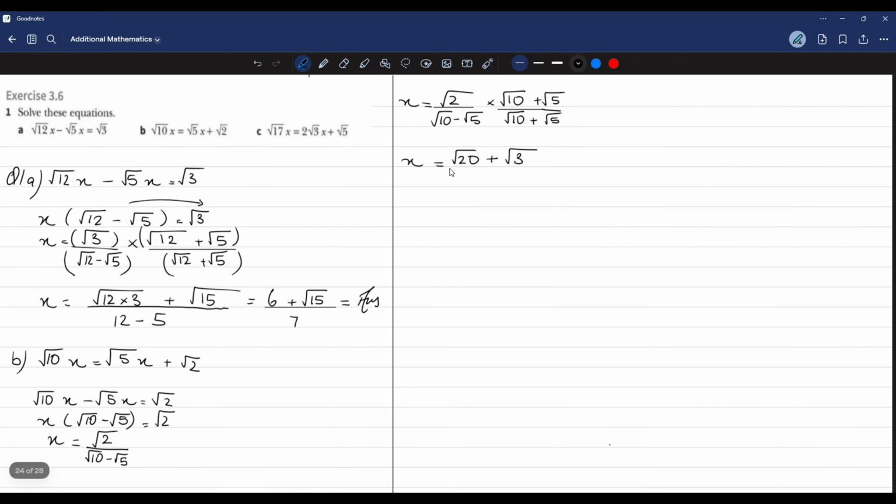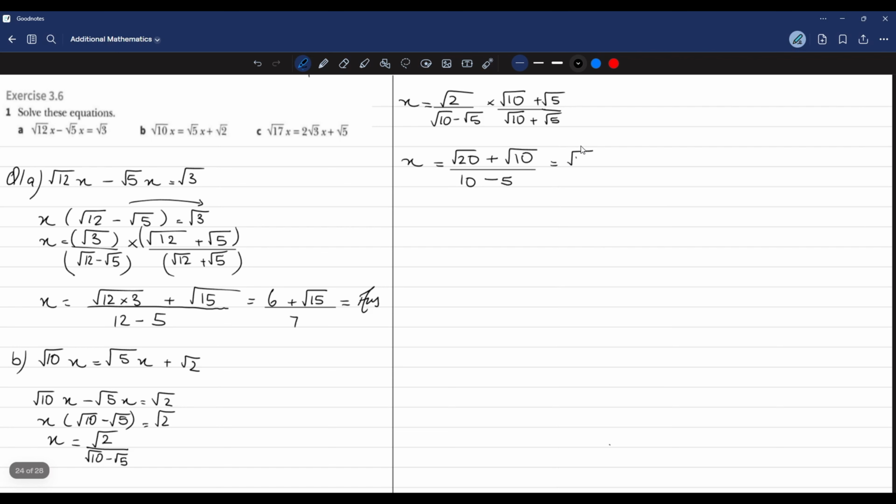Next step, divided by a plus b times a minus b, which is equal to a squared minus b squared. So under root 10 squared is equal to 10, and under root 5 squared is equal to 5, so 10 minus 5.